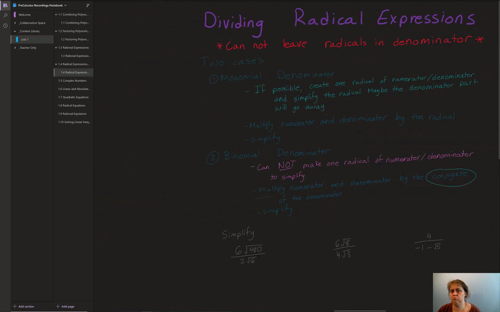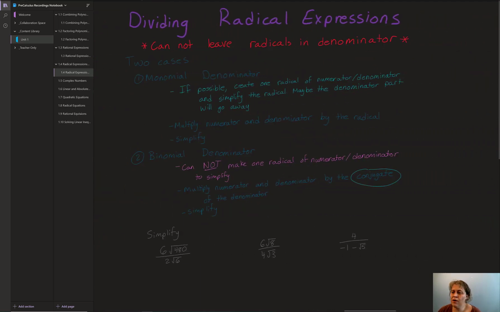So, oh well. Oh, dividing radical expressions. Cannot leave radicals in the denominator. Yeah, unfortunately, you can't do that. Radicals in the denominator, it's considered poor taste in math. It would be like writing a giant run-on sentence in English, or not capitalizing any letters, or not putting spaces in between words.